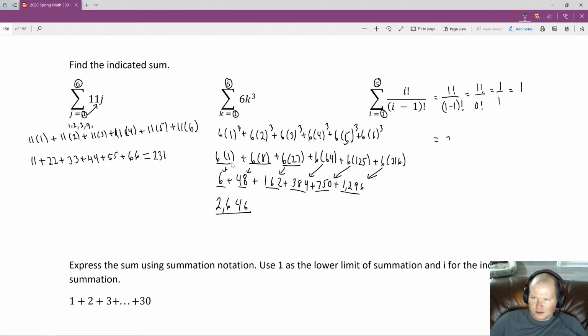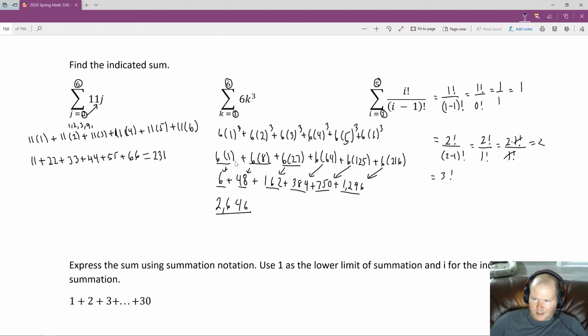So next we end up with 2 factorial over 2 minus 1 factorial, which gives me 2 factorial over 1 factorial. Expand the 2 factorial to 2 times 1 factorial, put that over 1 factorial. 1 factorial cancels with 1 factorial, giving me 2.